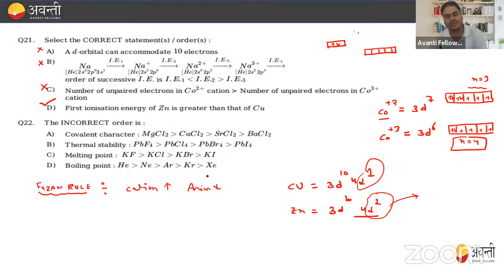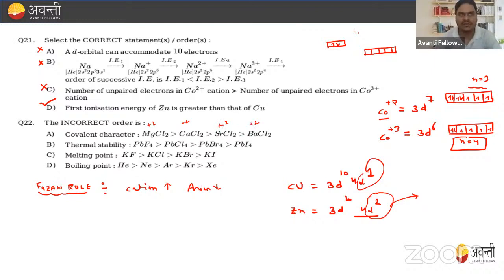If the following compounds follow this order, then it must possess covalent character. So if I'm talking about MgCl2, Mg has +2, calcium also has +2, strontium +2, and Ba +2. So they all have a +2 charge, right?